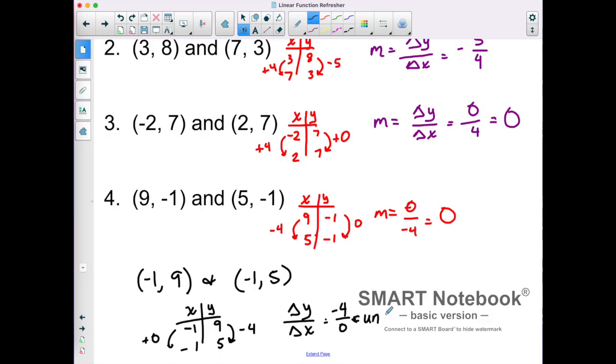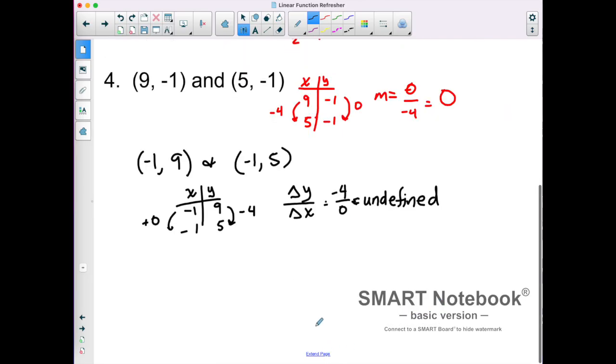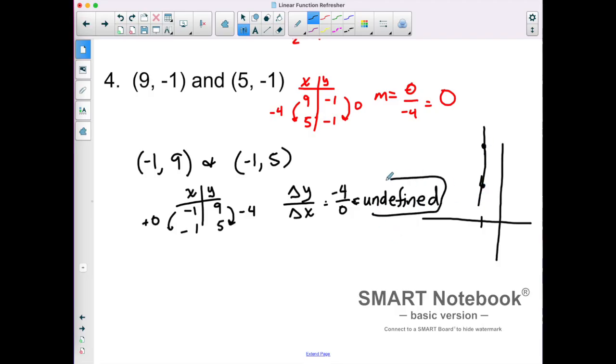So we have an undefined slope. That undefined slope is happening because we have a vertical line in this one. If I was to graph those points, we would have -1, 5, which would be somewhere here, and -1, 9, a little bit above it. But the slope between these is showing a vertical line, and that has an undefined slope.